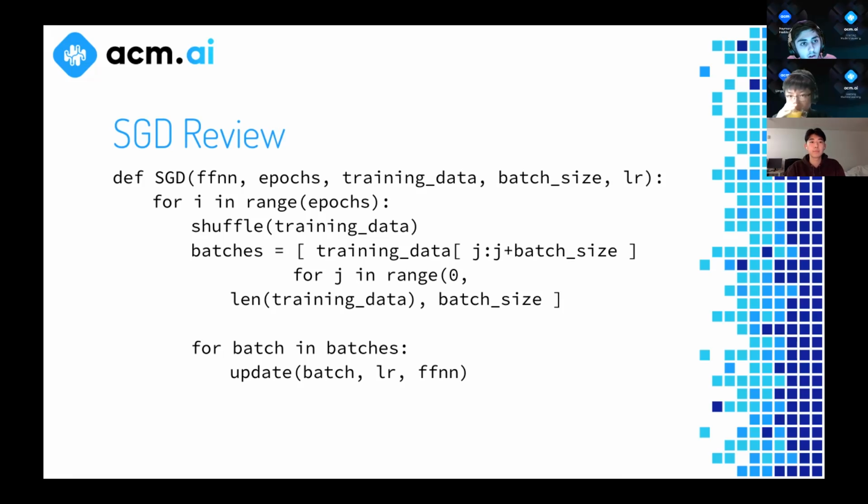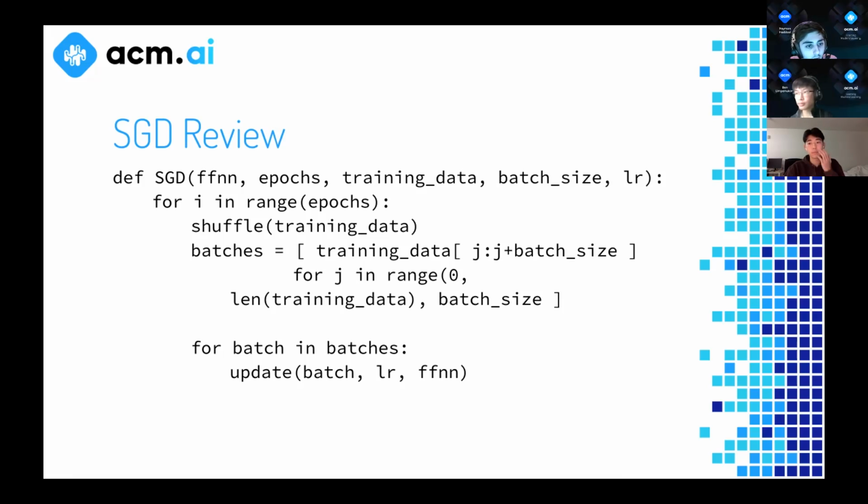Usually you're going to have to perform multiple epochs, because it's usually not sufficient to go through the training data one time. You're probably not going to have converged to the local minimum of your cost function within one epoch. So that's why we have to go over multiple iterations of the data.